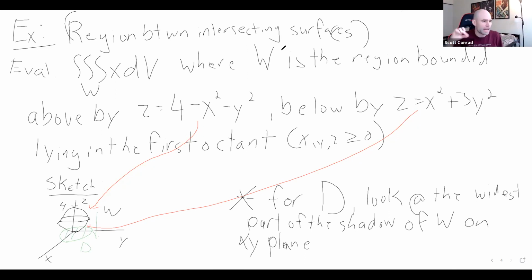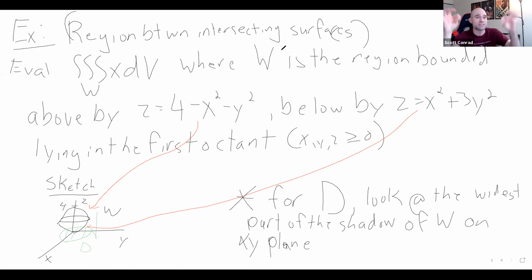Where does the widest part happen? How would you describe that? So you're on the right track. You probably mean the same thing. How would you describe that in terms of the two surfaces? The top surface and the bottom surface.